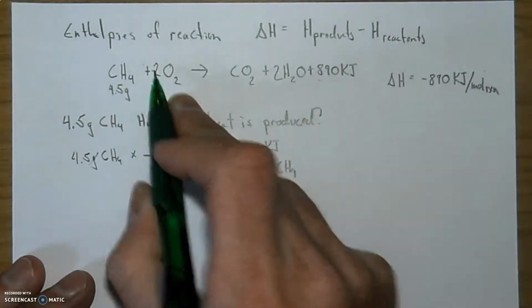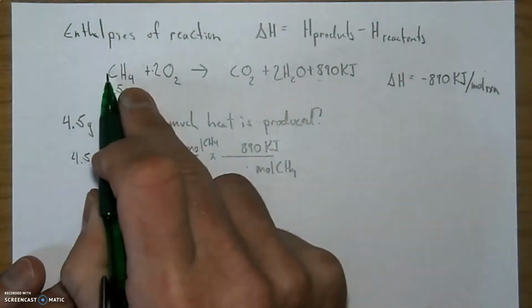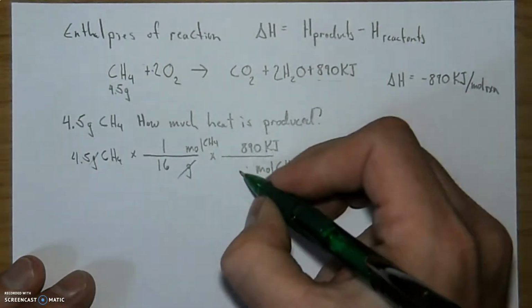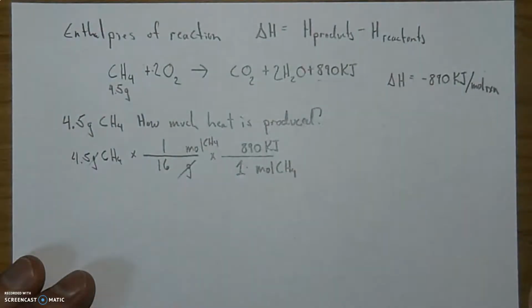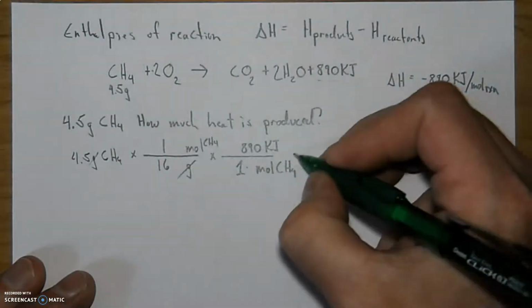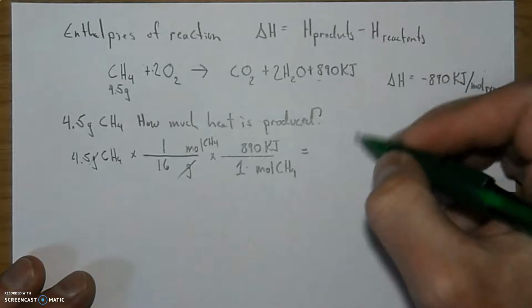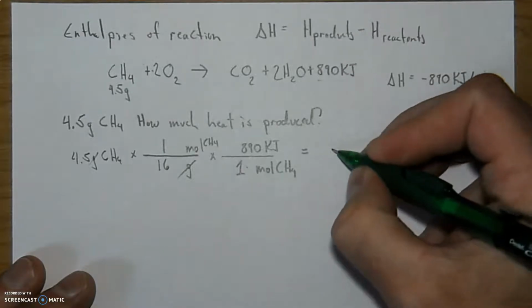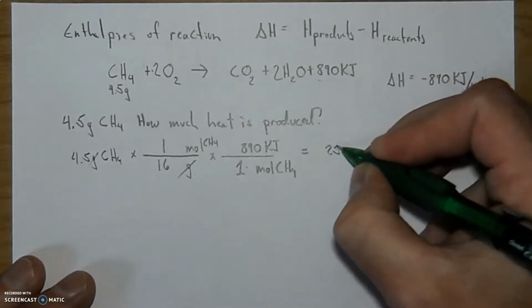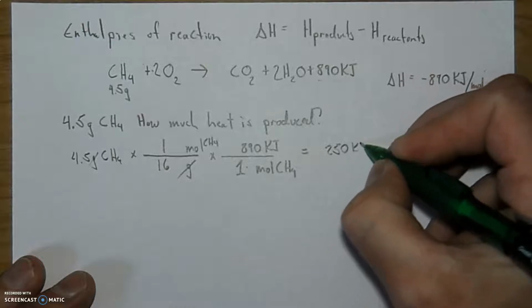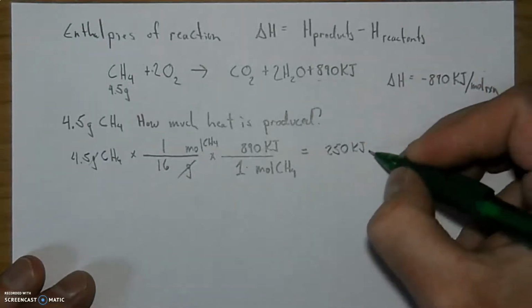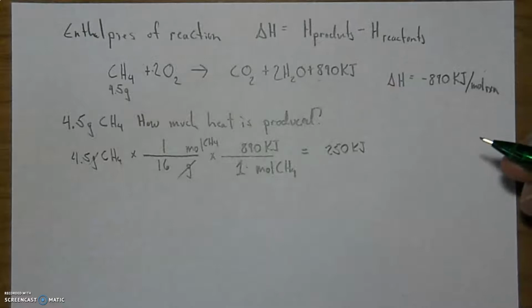If it was oxygen, it would be 2 down here. We have methane, which happens to be 1. And that's it. If I do the math here, I will end up with an answer of 250 kilojoules of energy. We're not done yet.